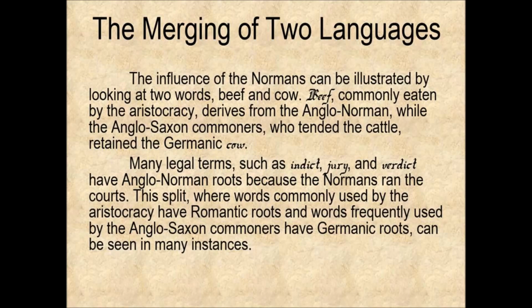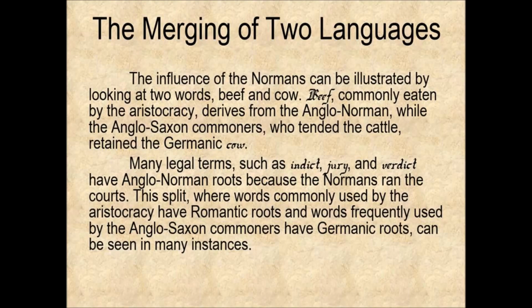Many legal terms such as indict, jury and verdict have Anglo-Norman roots because the Normans ran the courts. The split, where words commonly used by the aristocracy have Romantic roots and words frequently used by the Anglo-Saxon commoners have Germanic roots, can be seen clearly in many instances.